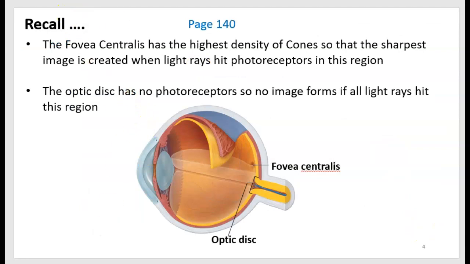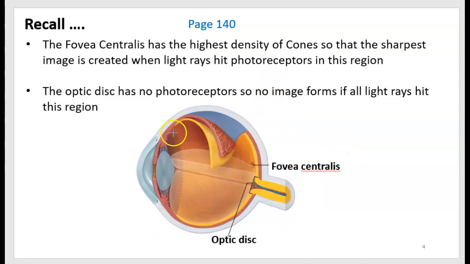Okay, so recall from our study of eye anatomy that the location where we have the highest density of cones is in the fovea centralis. That's directly behind the pupil. So if light waves fall here on the retina, we get the sharpest image possible and colored.